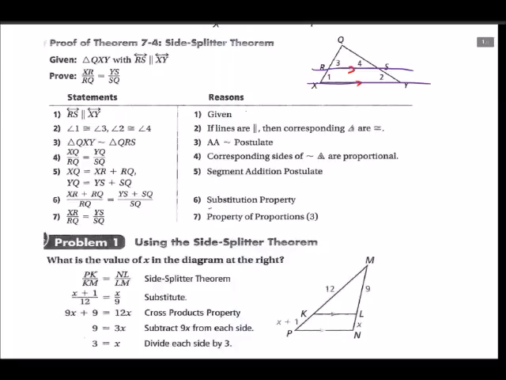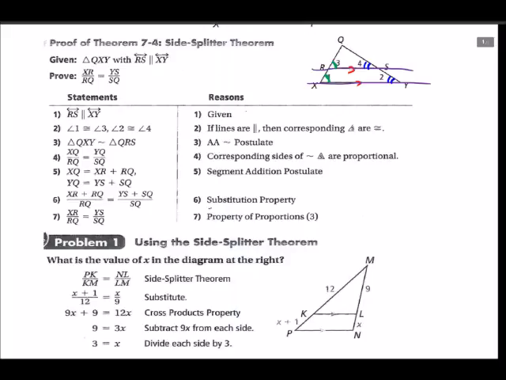Which special angle pairs do you see in this triangle? I see corresponding angles on that transversal and corresponding angles on that transversal. So these triangles are obviously similar. And that's how it works.